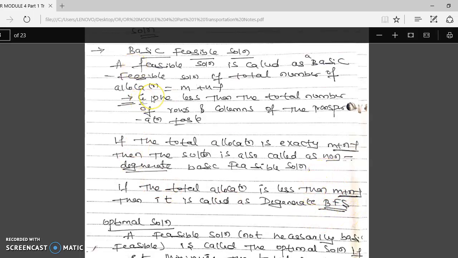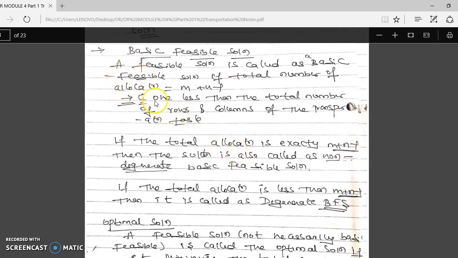How to differentiate degenerate and non-degenerate is based on the allocation. Once we draw the matrix, we find the minimum transportation cost to reach from all sources to all destinations based on some cells in the matrix. Those minimum cells are nothing but the allocations.